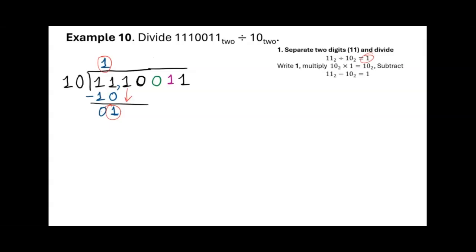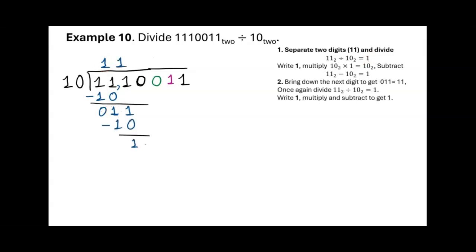So now you bring down the next digit. So you end up getting again 1, 1. And just like before, if it's 1, you put a 1 on the top, then you multiply 10 times that 1, which is, well, it's not really 10, it's 1, 0. So you multiply by 1, it gives you the same thing. And then you subtract, 1 minus 1, 0, pretty much the same operation, which is simply 1.